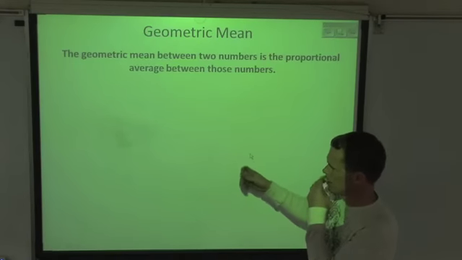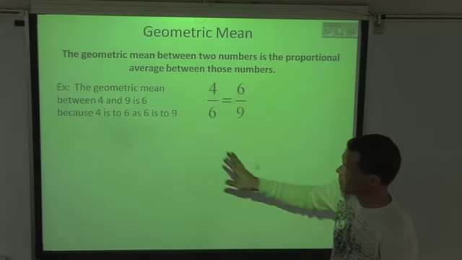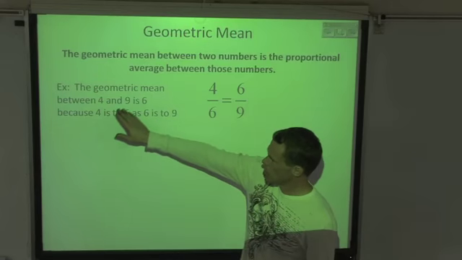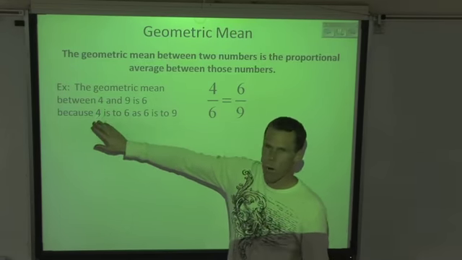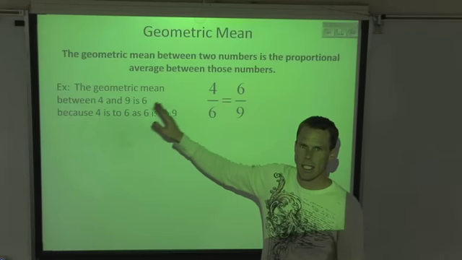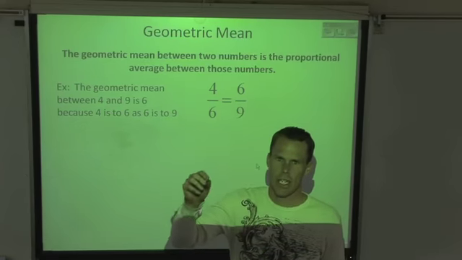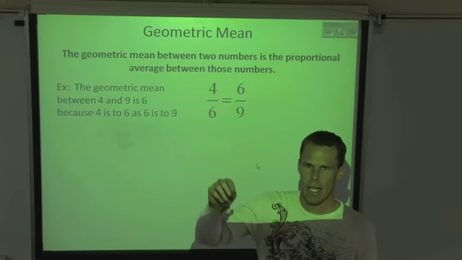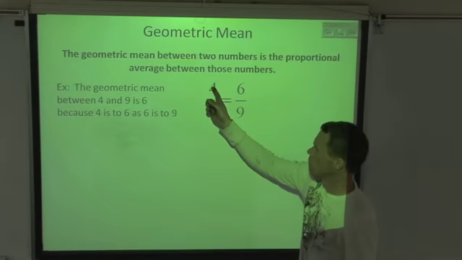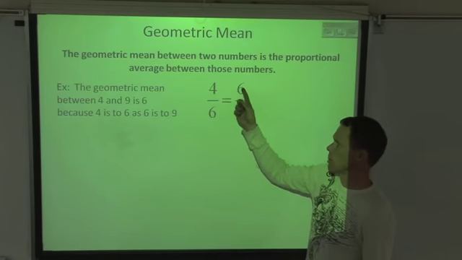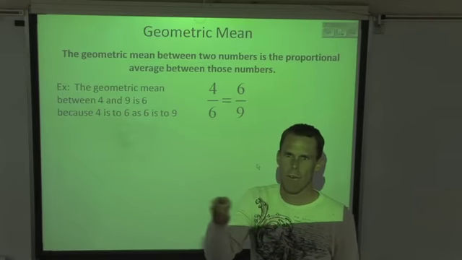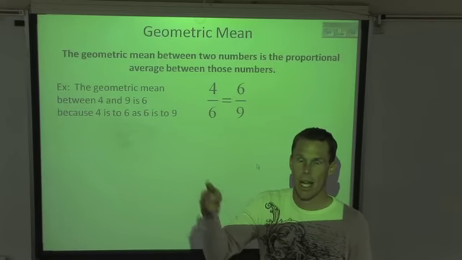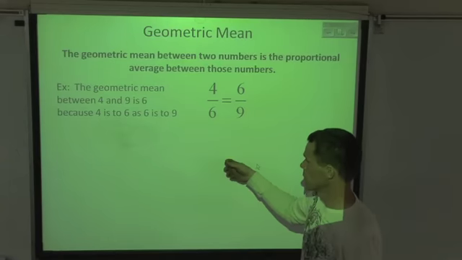Proportional average is: the geometric mean between 4 and 9 is 6, because 4 is to 6 as 6 is to 9. The number 6 is proportional to 4 and 9 in that 4 over 6 equals 6 over 9. 6 is the number that is in between 4 and 9 and creates a proportion.